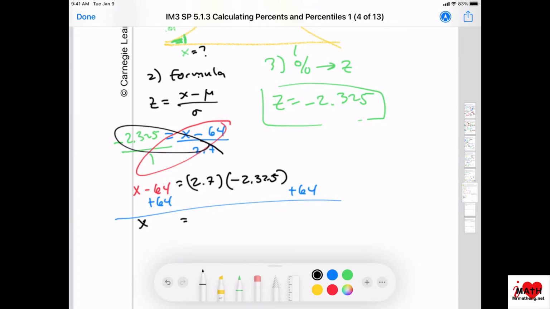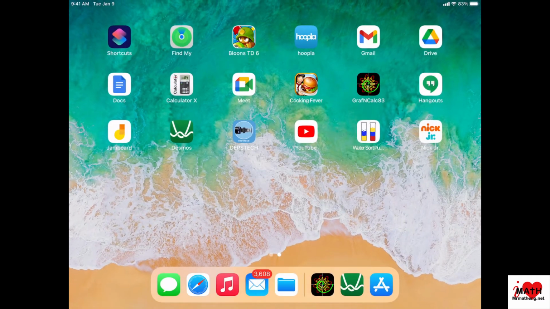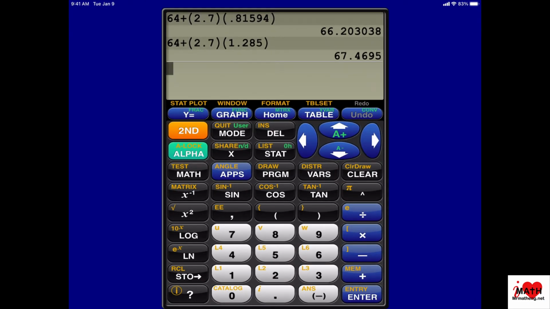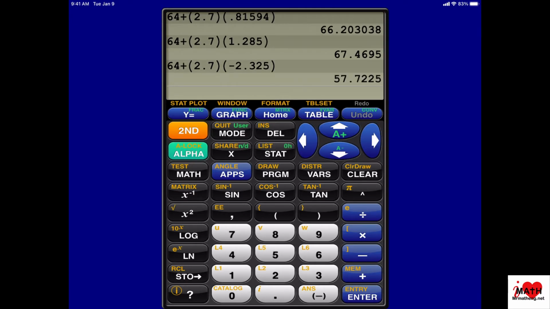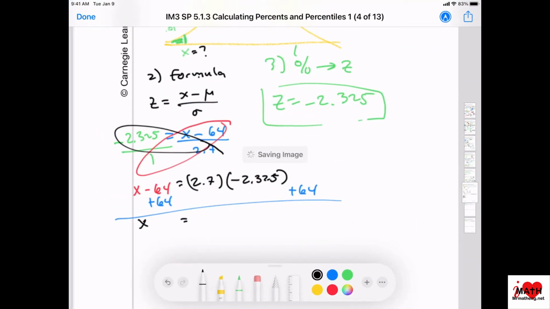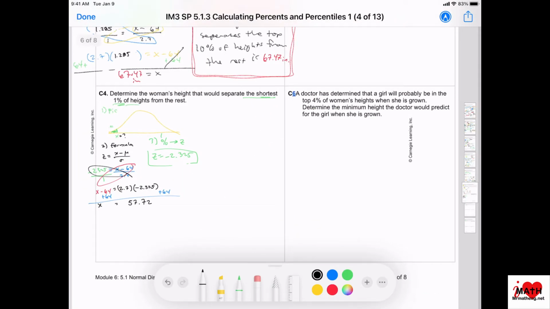And let's go ahead and put that into our calculator. And we get 57.72. And then we can just write that sentence.